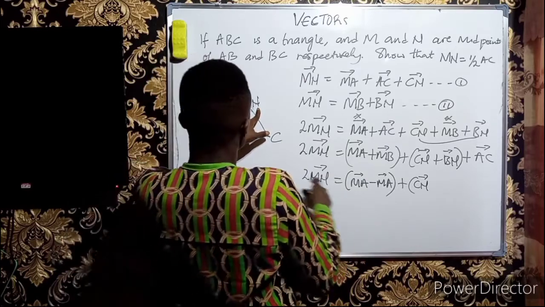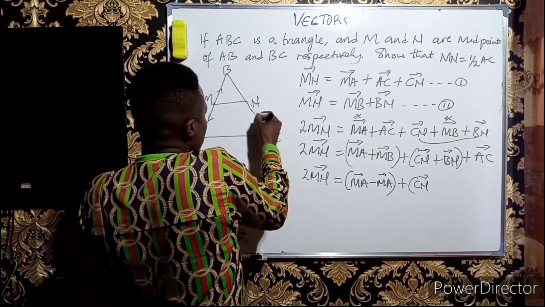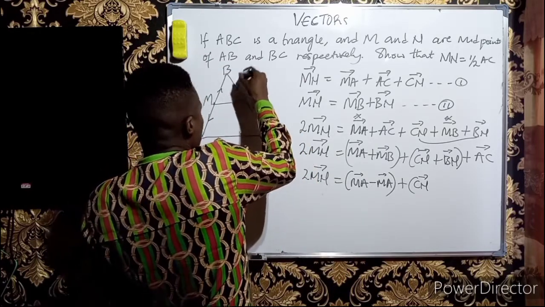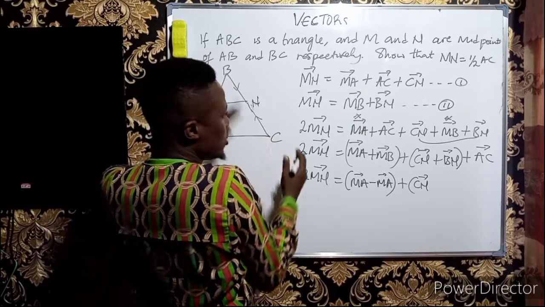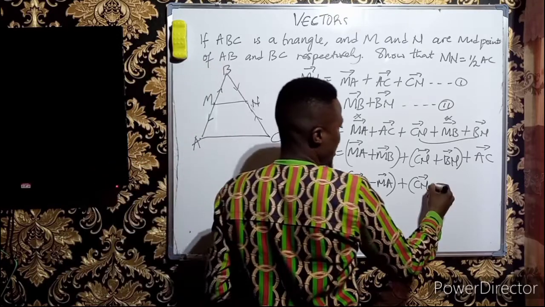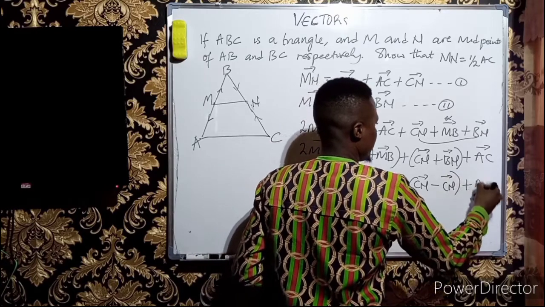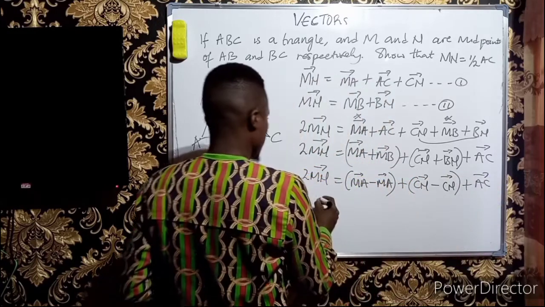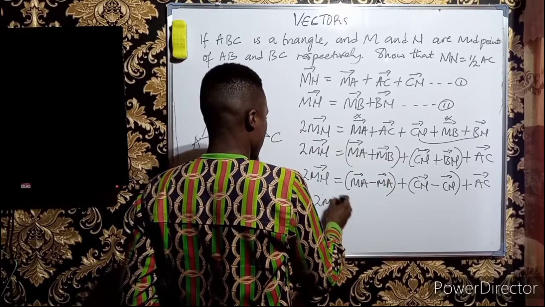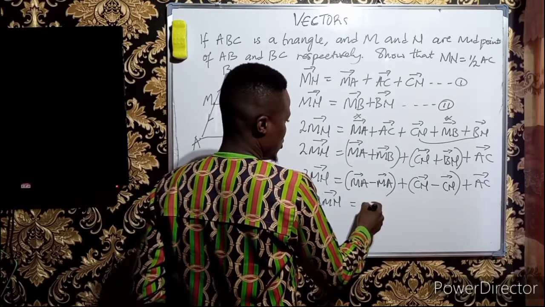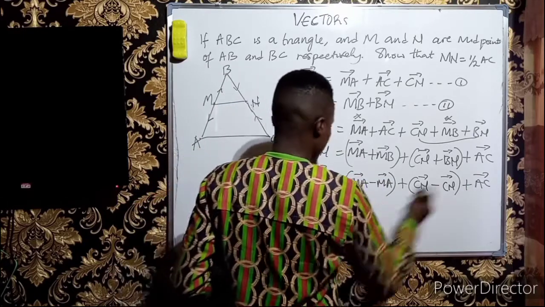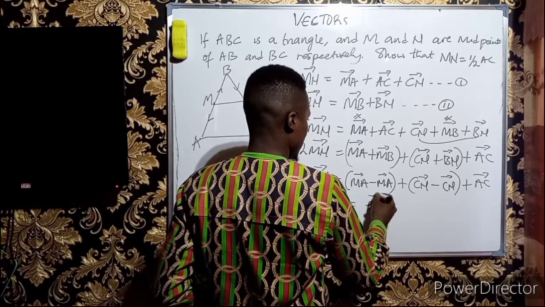CN is the same thing as BN, but CN is going here while BN is going the other way. They are equal in magnitude but opposite in direction. So BN can be written as minus CN, then plus vector AC. So 2MN gives us, this is 0, this is 0, so we are left with vector AC.